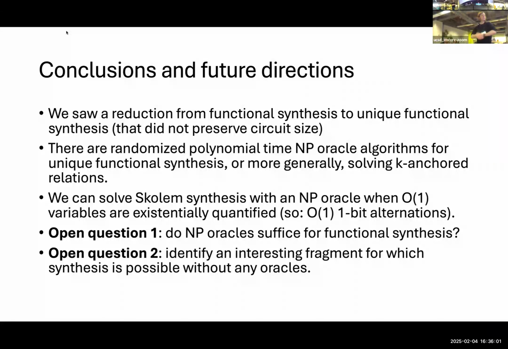And we were only able to do the K anchored relations using the NP oracle. So sure, if you could get this with general functional synthesis with the NP oracle, I guess that would look like a collapse, wouldn't it? Of a pi 2 to just P to the NP. So we shouldn't expect that to happen.